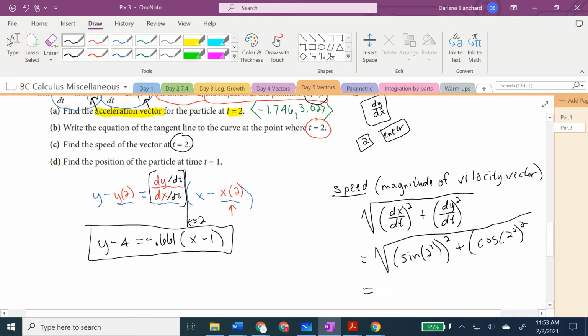Once you get that number, somebody tell me what you got for speed. What is the decimal number? 2.473. And do I have an agree? Did other people get that same result?